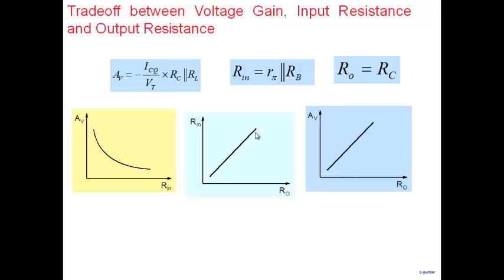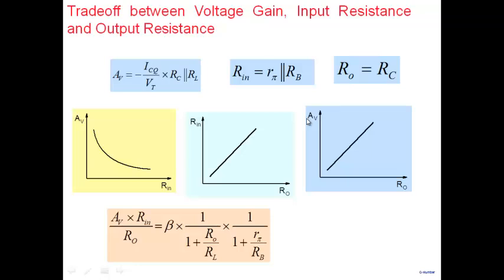So you see that particular trade-off between Rn and R0. And then you see the AV and R0 trade-off: if you keep input resistance constant and try to increase the gain, the output resistance will also increase. Or if you try to get a smaller value of output resistance, then you'll have to sacrifice the gain also.